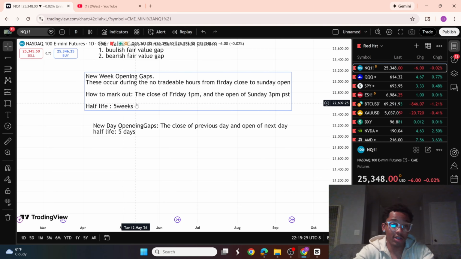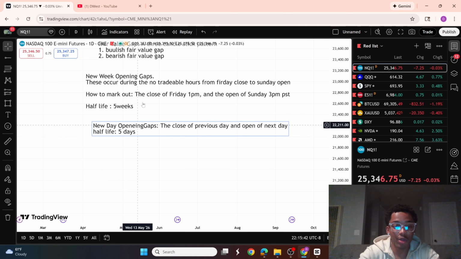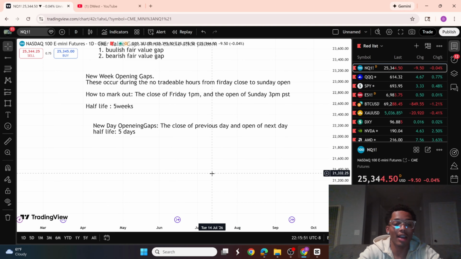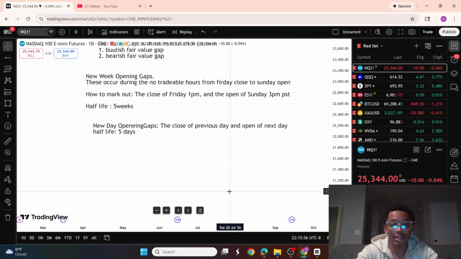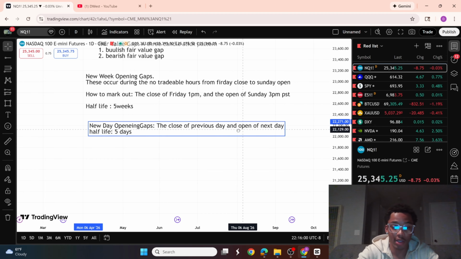I'm saying it just has a half-life. It won't have as much of a pull as it did if we go past 5 weeks, but it is still a valid point of entry, right? Same thing with new day opening gaps. After 5 days, no, it's not that valid anymore, but this is not invalidating the concept overall. It's just that after 5 days, this concept holds a little less weight, but it still holds some weight.